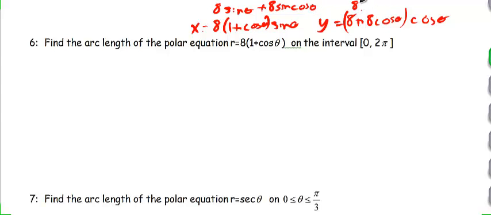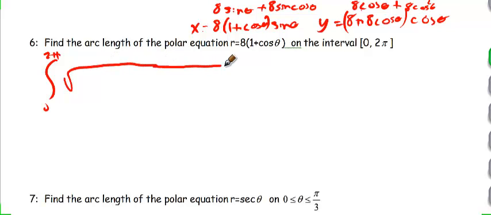And over here you'd have 8 cosine theta plus 8 cosine squared theta. So we've got both our x and y, and we want the integral from 0 to 2 pi, square root of, and then there's just the distance formula, change in x, dx dt squared, change in y, dy dt squared. So the problem is you end up with a lot of product rules, you end up with a lot of big formulas, but the good news is you're not doing much of this by hand.